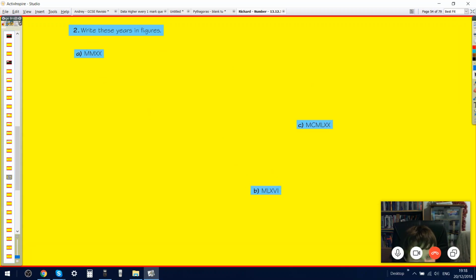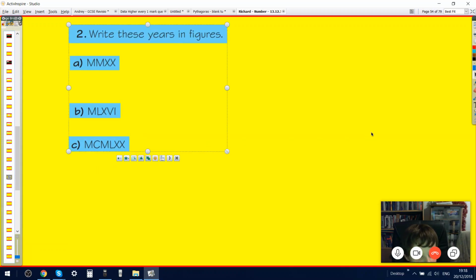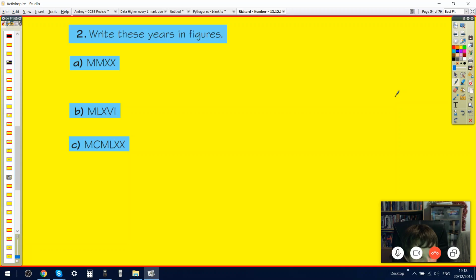Let's try the last one. Okay, write these years in figures. So for each and every one of them, I would need to work out what number each of the letters mean. So for C, the two M's mean 1000.